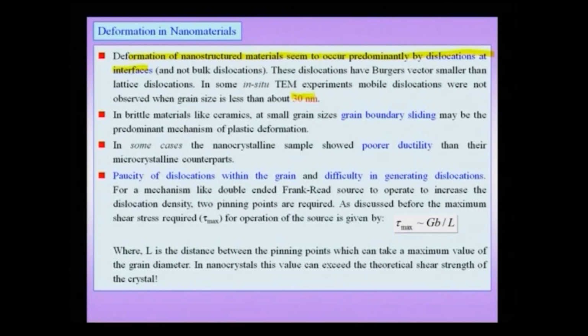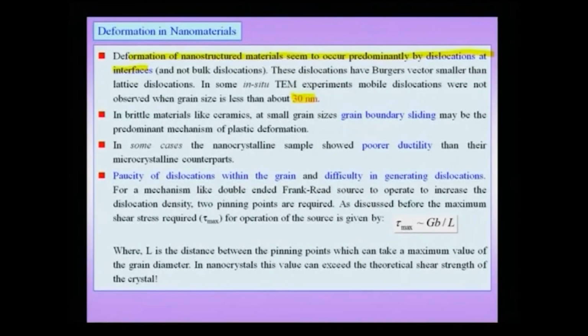We have already seen that for large grain sizes of more than 100 nanometers, there is dislocation activity, which implies dislocation-related slip can give plastic deformation. But when I go down to very small grain sizes of the order of 30 nanometers, it seems that dislocations at interfaces, which have a Burgers vector smaller than the lattice dislocations, play an important role in the deformation of the nanomaterial.